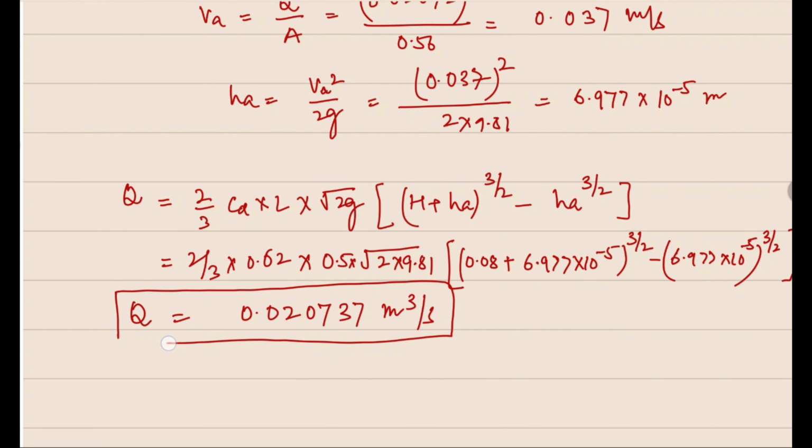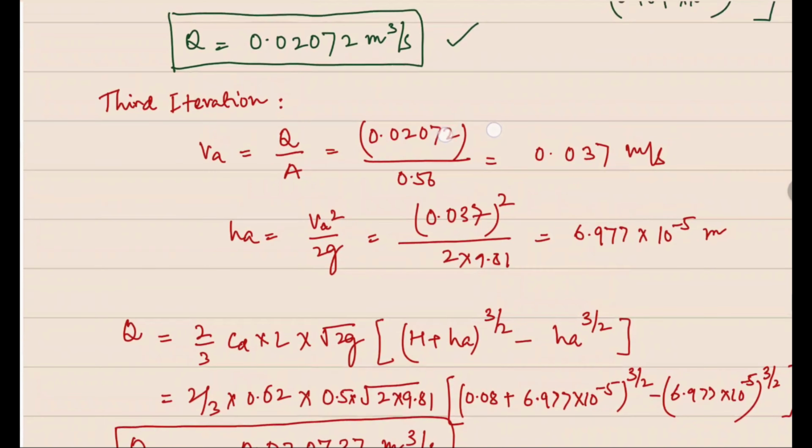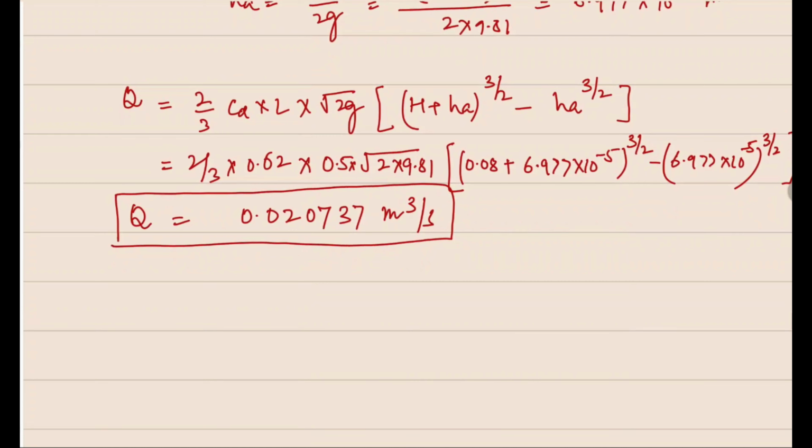So if we compare the third iteration Q value, this is also very close to the Q value in the second iteration. So now if we are getting two close values, we can say the discharge we have got is our final solution. Now there is one important point.